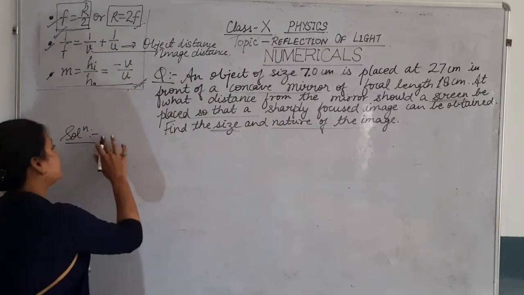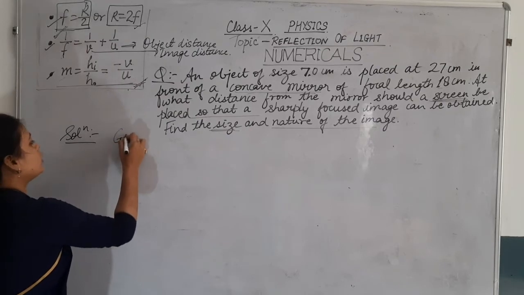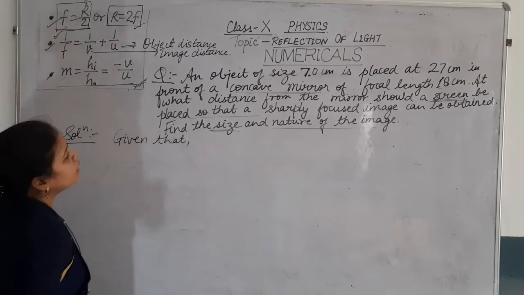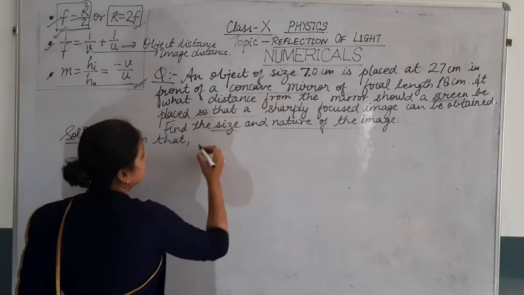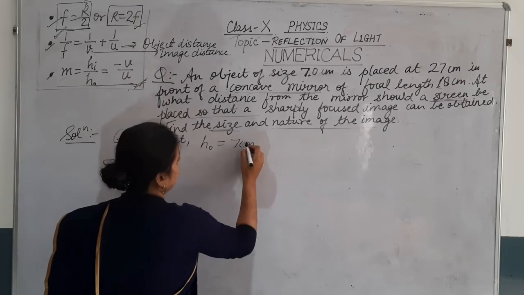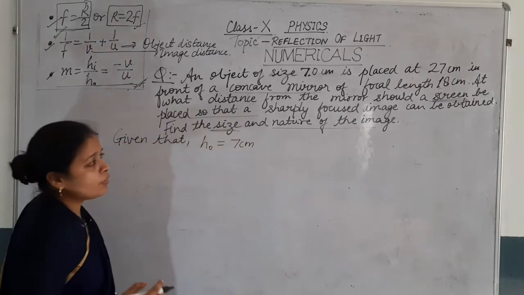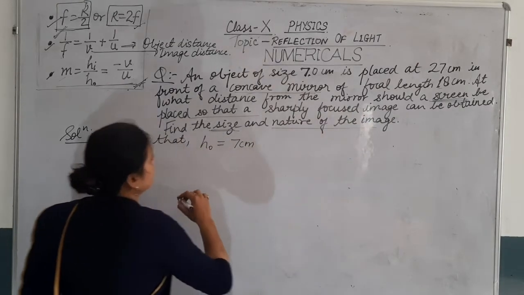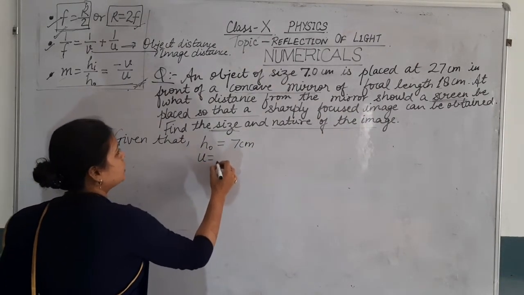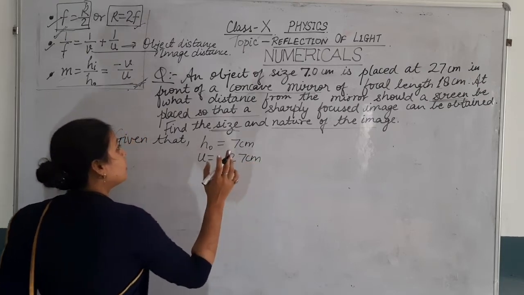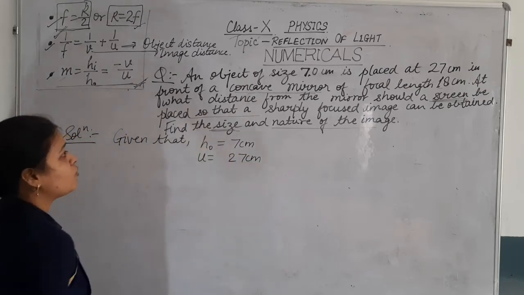So let's begin solving by writing down the values given. First of all, object size is given, that is, HO is 7 cm. Sign convention we will consider later on. Placed at 27 cm means object distance is also given, 27 cm, in front of a concave mirror.